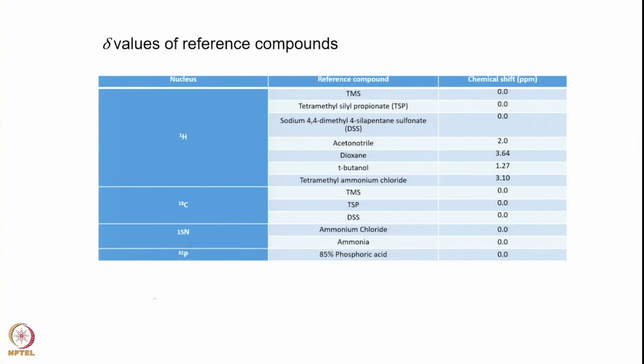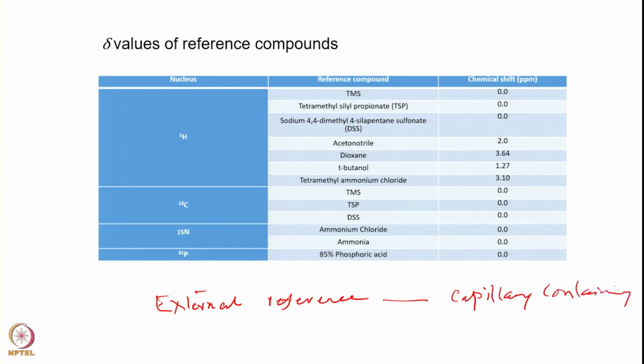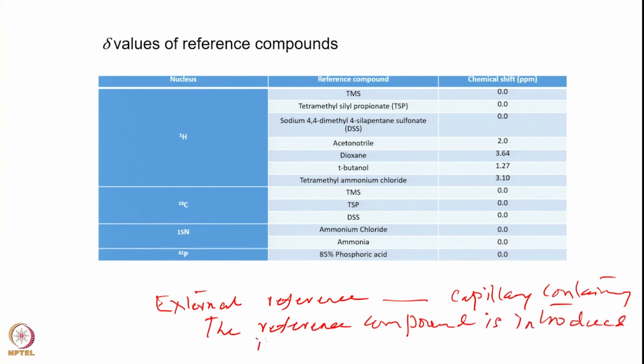So, you can have an external reference, in that case the capillary containing the reference compound is introduced in the sample tube. If you directly put this molecule inside your sample, then it is an internal reference.